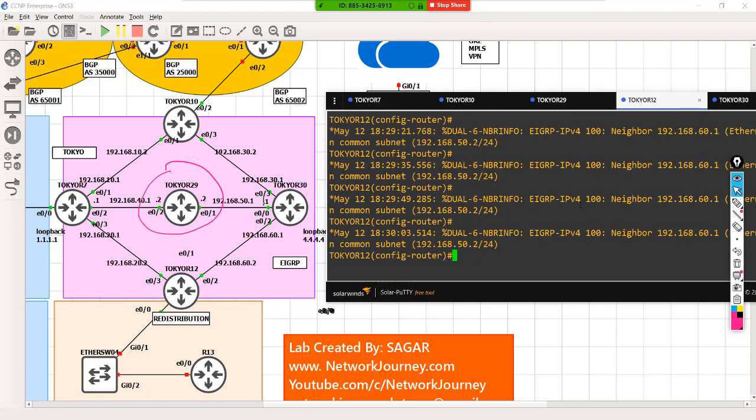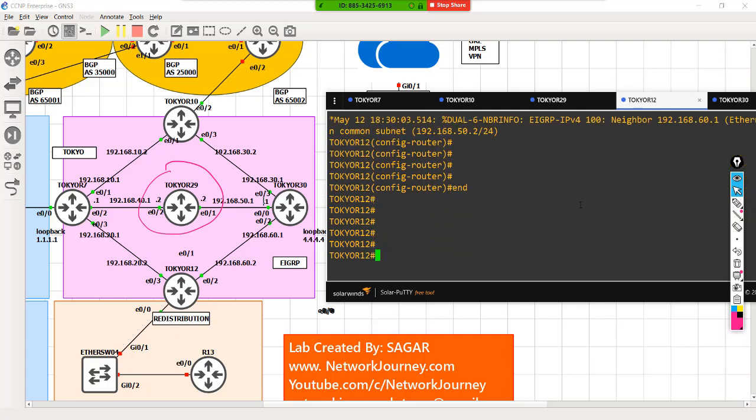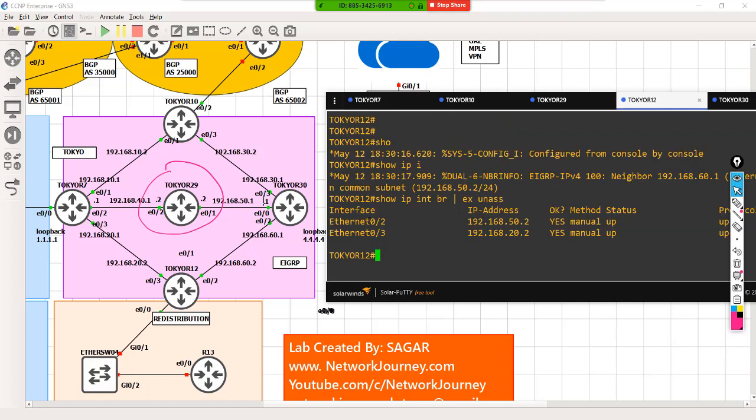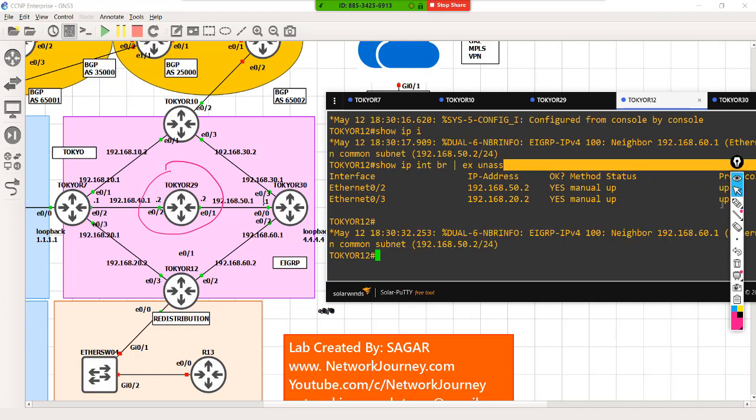Similarly on Tokyo 12, let's see: show IP int brief exclude unassigned. So I have the 50 network and the 20 network, but there is some problem here. It is not 50, it's 60. I'll quickly change that.